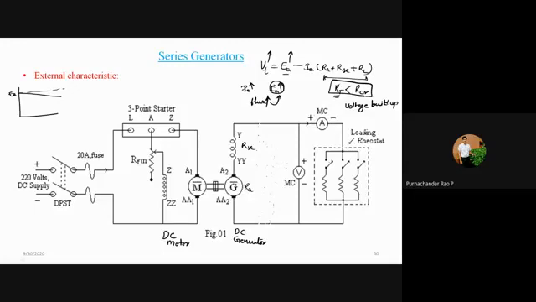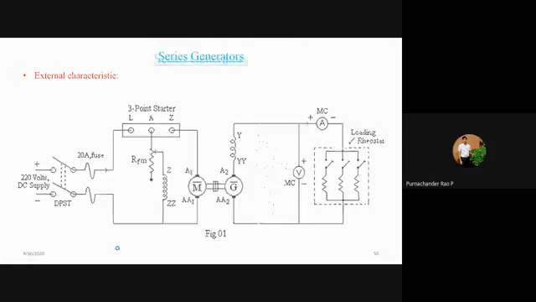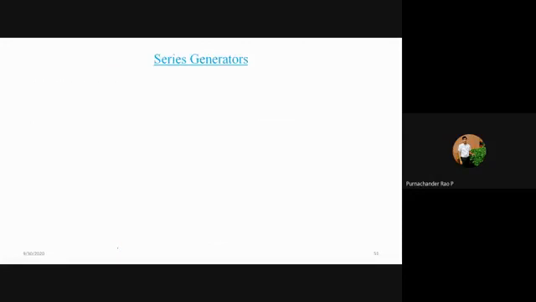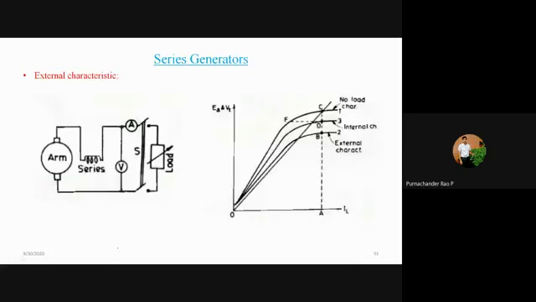As the load current increases, the flux produced increases, your generated voltage increases, and because of this, your terminal voltage gets increased. So you can observe a characteristic like this. This is the external characteristics of a series generator.